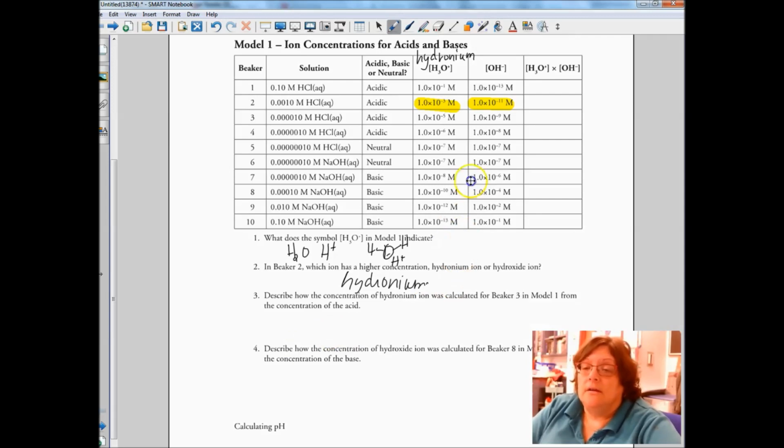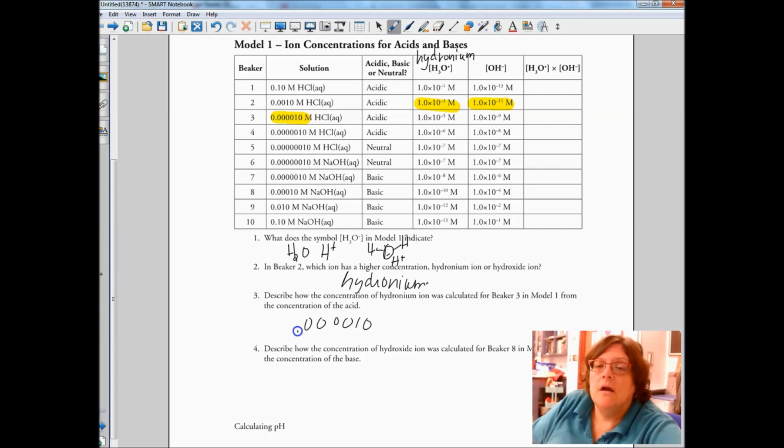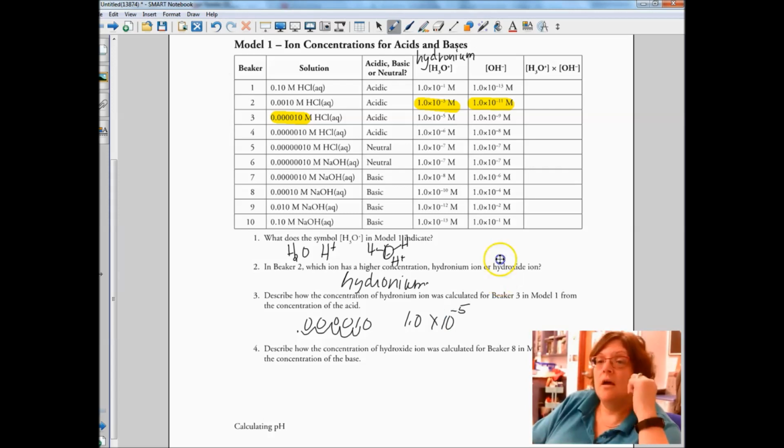How do we calculate that concentration? We're looking at beaker 3. Well, here we have 0.00001. If I take that and convert it to scientific notation, I'm going to move it 1, 2, 3, 4, 5. I have 1.0 times 10, I moved it to the right, so it's negative fifth.